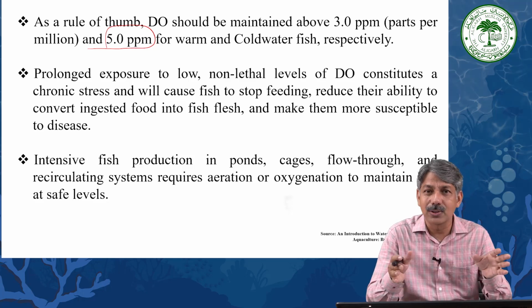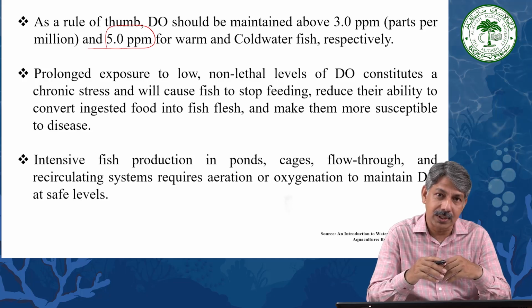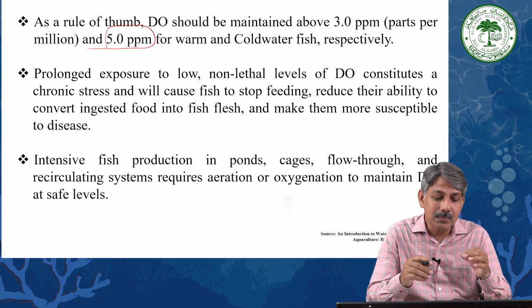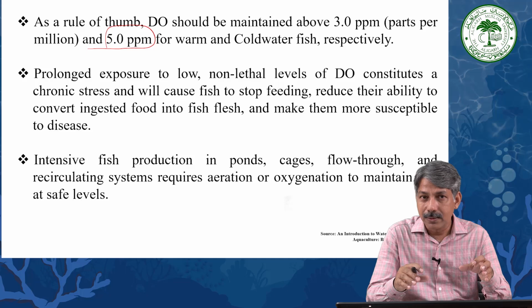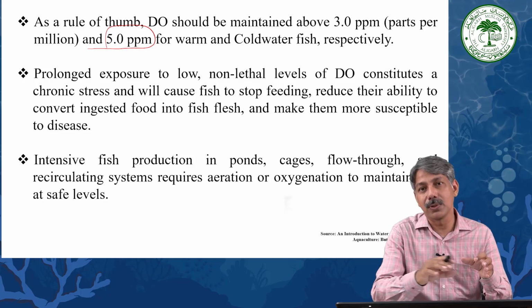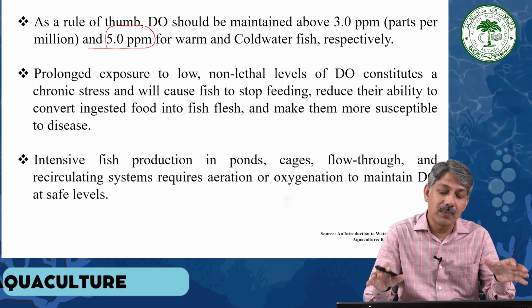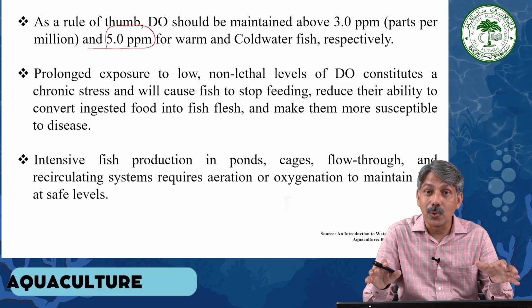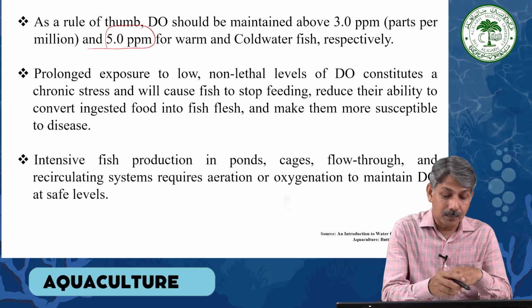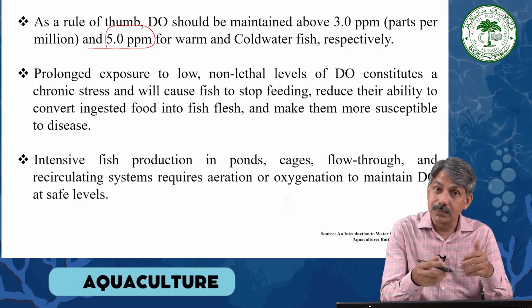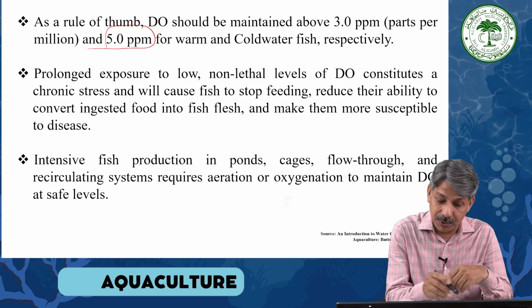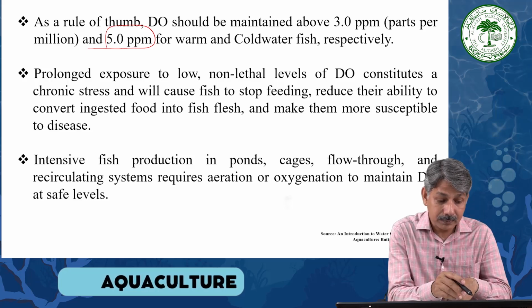There are different means of maintaining dissolved oxygen concentration, but try to maintain overall water quality by managing all aspects of aquaculture. That way you will be able to control the viability of the aquaculture operation, making it sustainable.